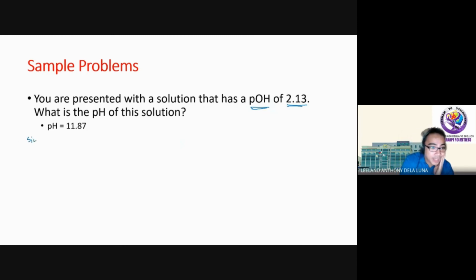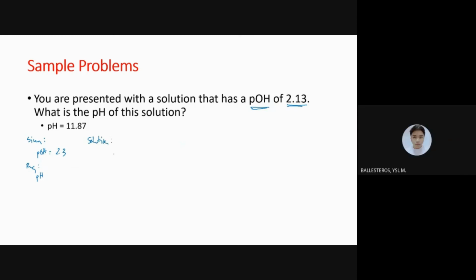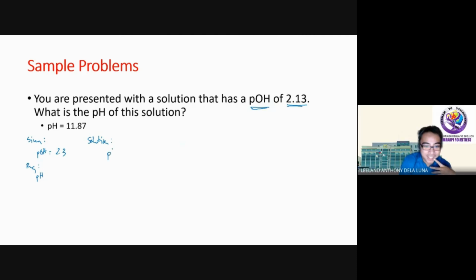So again, what's given is the power of hydroxyl, pOH, which is 2.13. Required is the pH. What's my solution here? 14 minus pOH, sir. Good. Class, do you remember earlier? pH plus pOH, that's why I said earlier, is equal to 14.